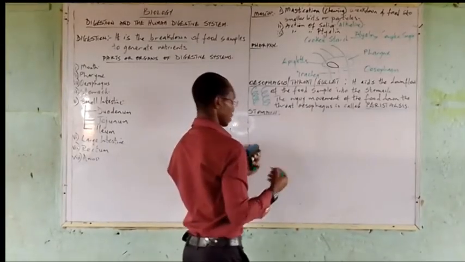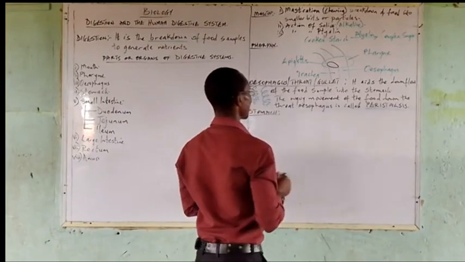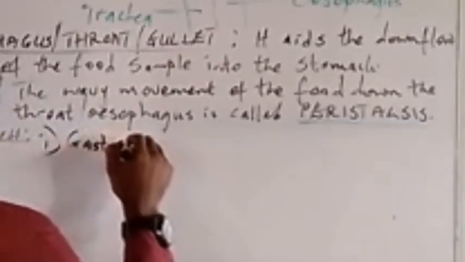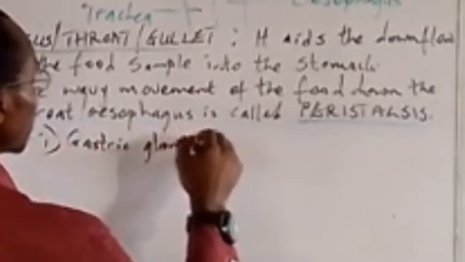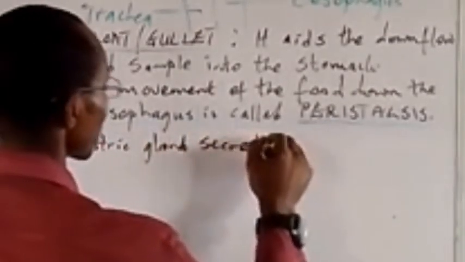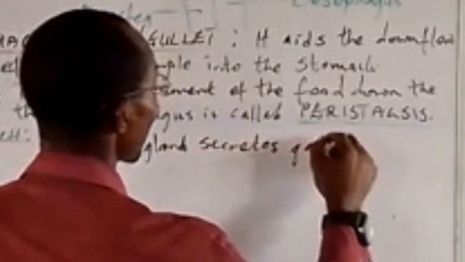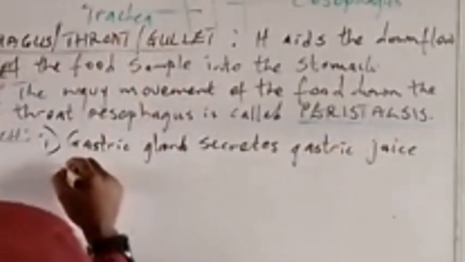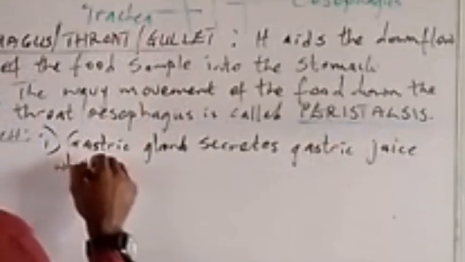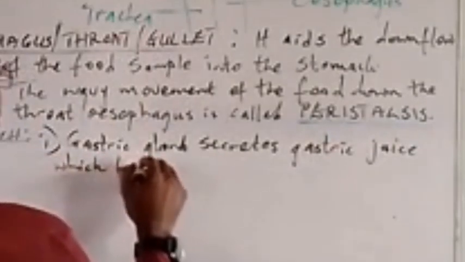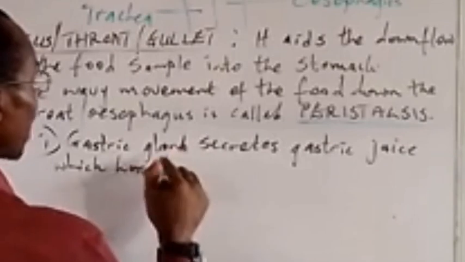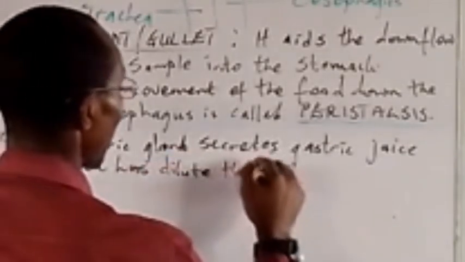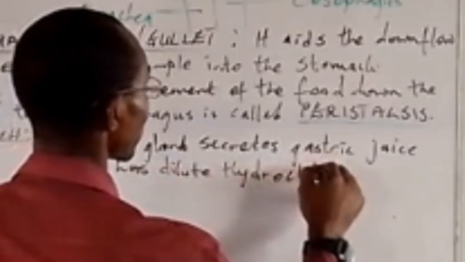So I have talked about this: one, the gastric gland secretes gastric juice, which has dilute hydrochloric acid.